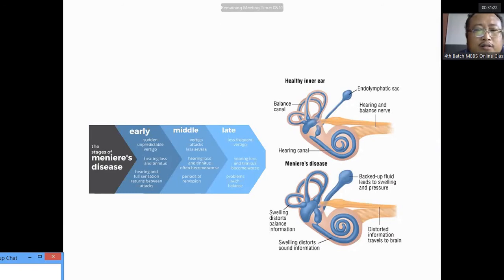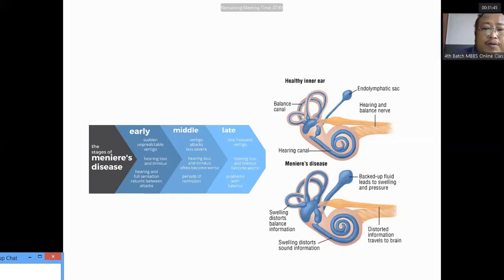Meniere disease is a continuous process. It can only be controlled, it cannot be eradicated, the same as hypertension and diabetes.